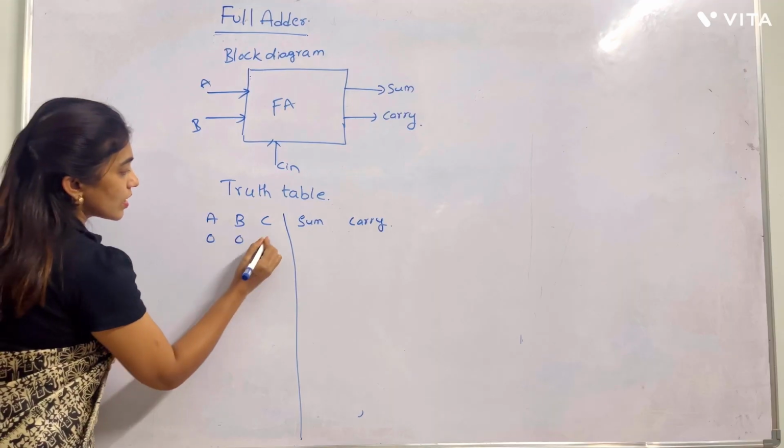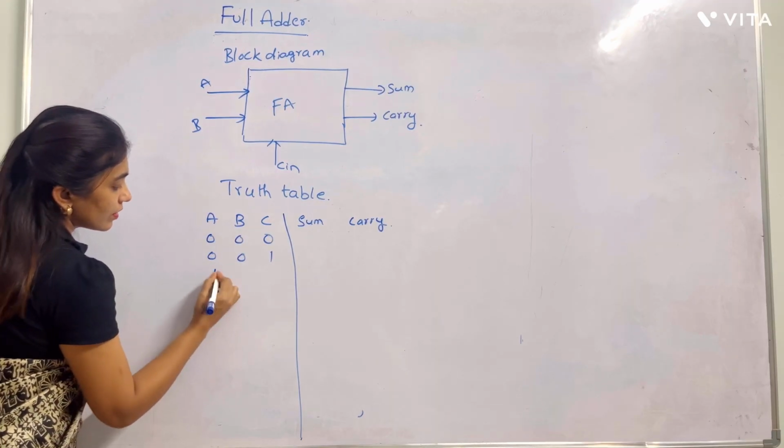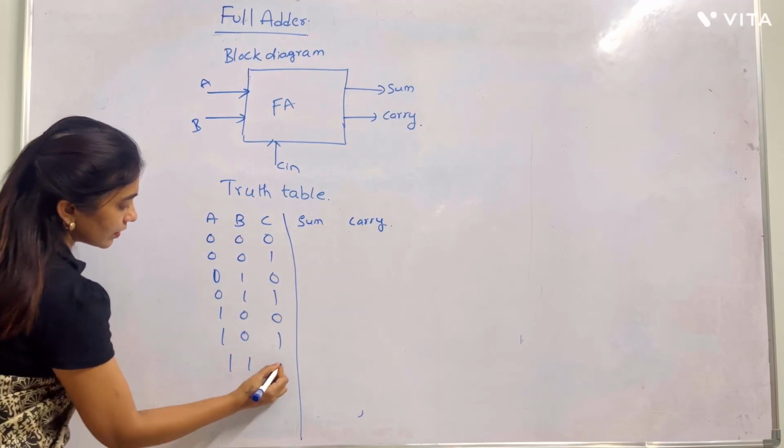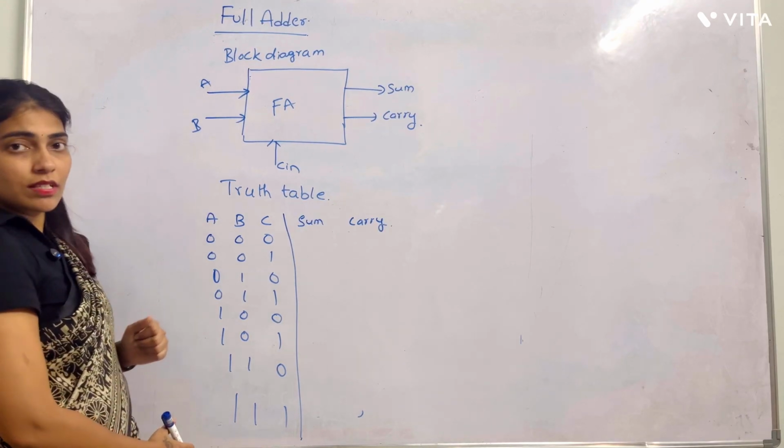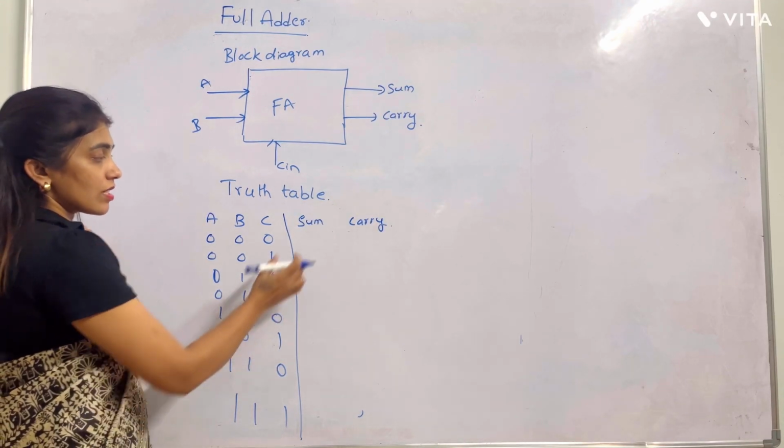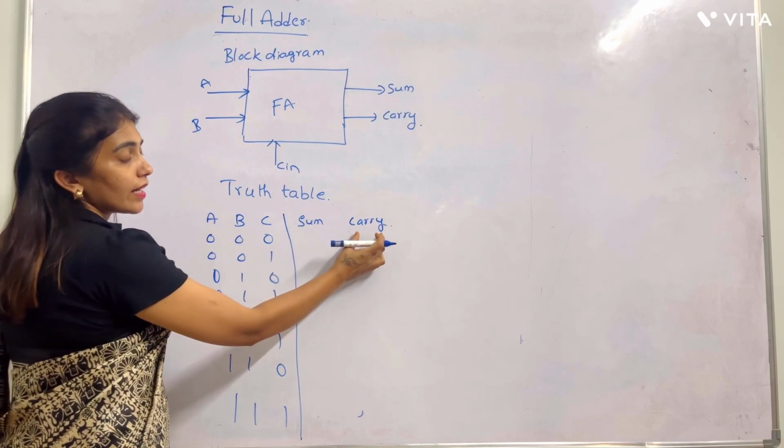So these are the 8 combinations. For these 8 combinations, we have to find sum and carry.